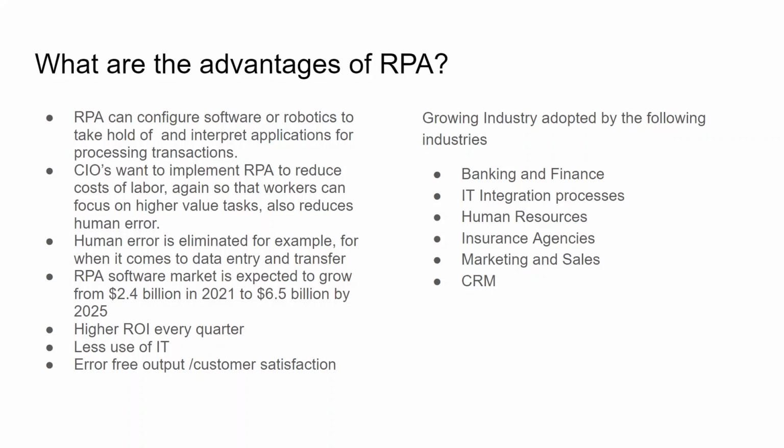The RPA software market is expected to grow from 2.4 billion in 2021 to 6.5 billion in 2025. It also calls for a higher ROI, or return on investment, every quarter. Also, less use of IT provides error-free output, which also equals customer satisfaction.